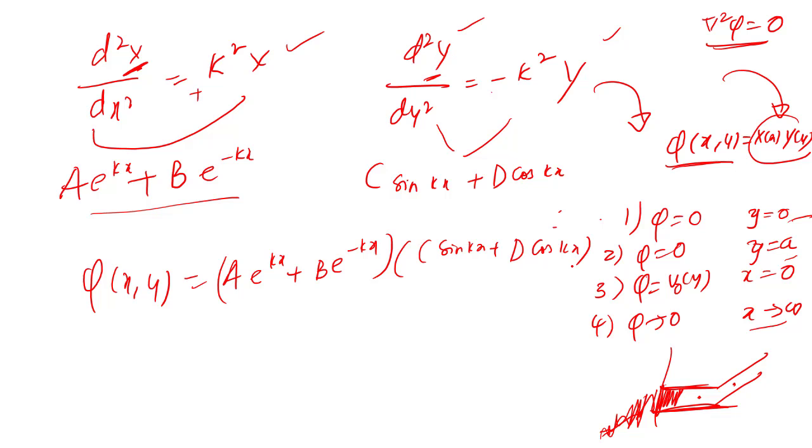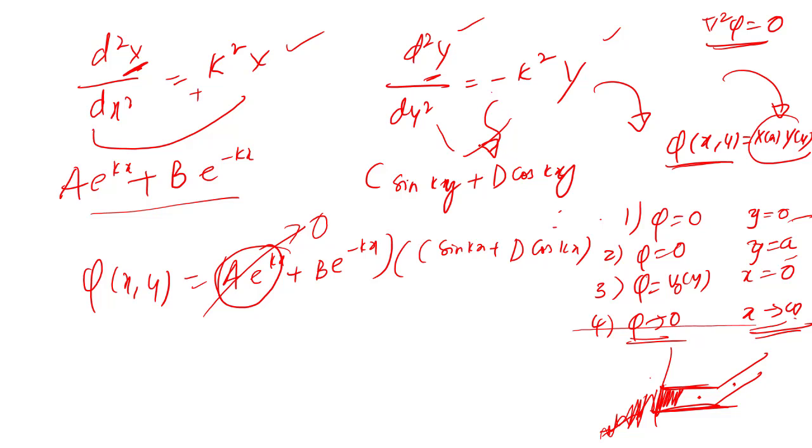Now we can find the constants by applying the boundary conditions. If we require phi to go to 0 as x goes to infinity, we see that we have to set this term to 0 because e to the power kx would swell up as x goes to infinity. So we set that term to 0. Sorry, this should be sine ky because we're solving for y.